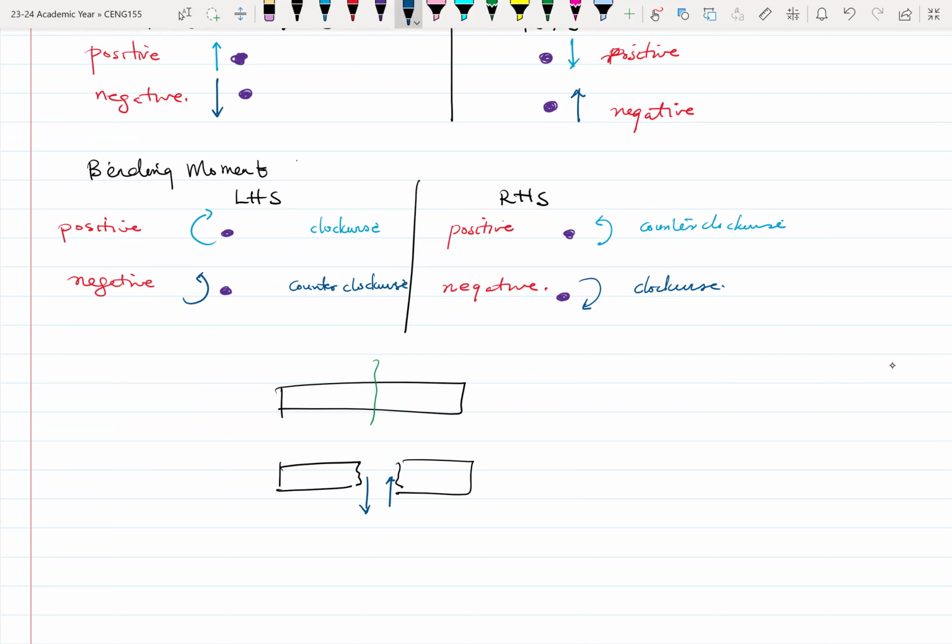All right. So that if, let's say, this is your point of interest this way, it means that on both sides, if there's a downward force on the left side, you have an upward force on the right side. That is how we maintain equilibrium. All right.